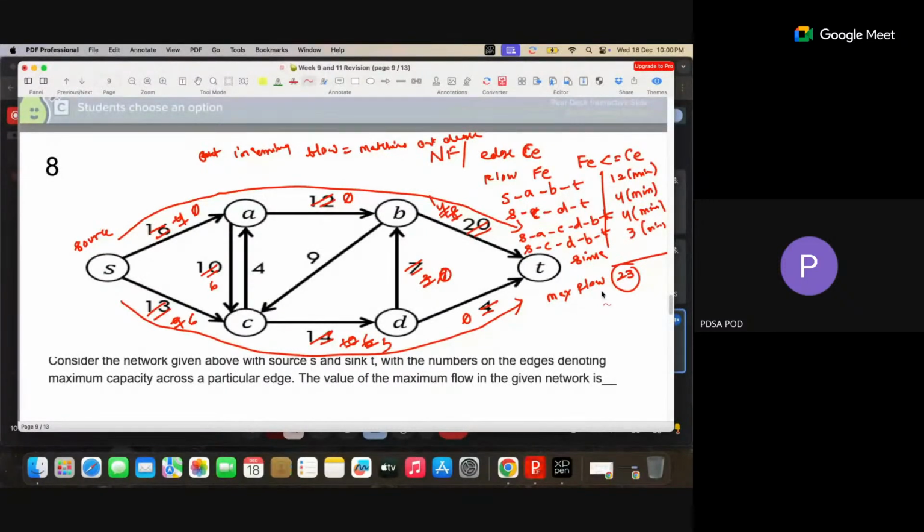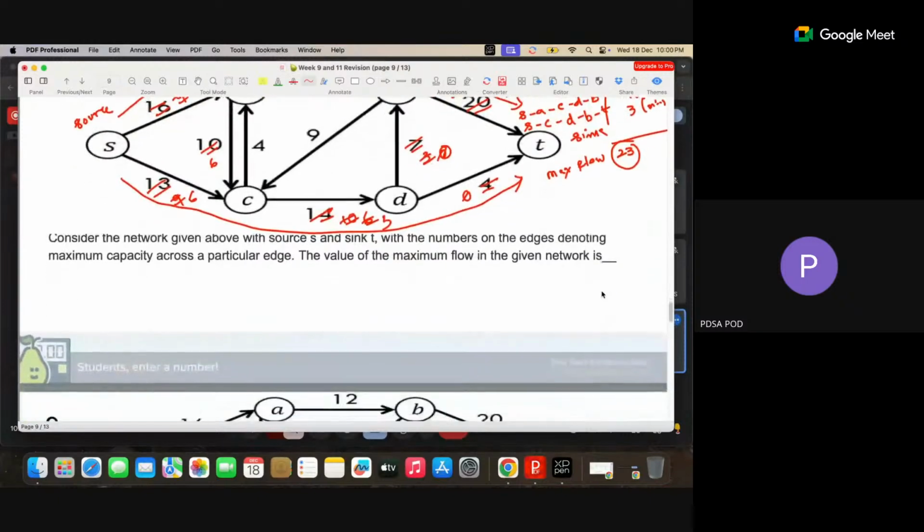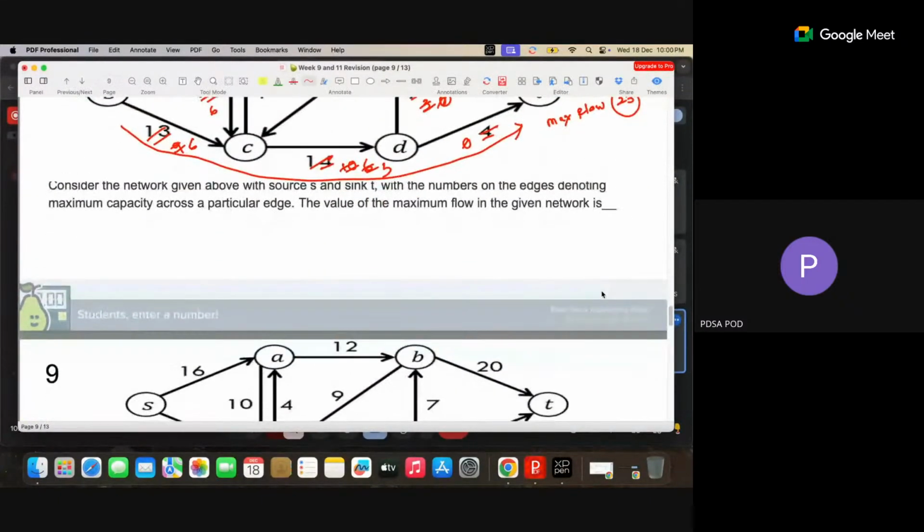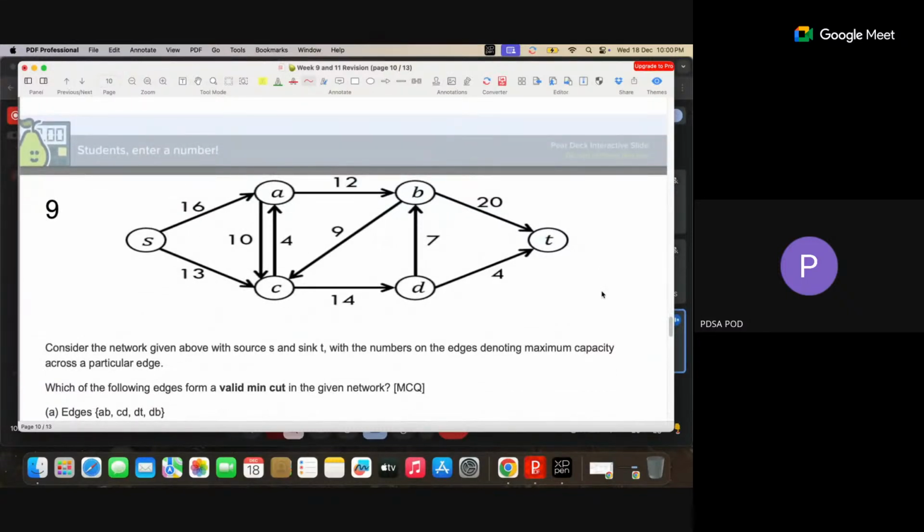So I think the next question is about the minimum cut. First identify the maximum flow, then look at the next question. It is almost similar to this. I think they'll ask you the minimum cut.